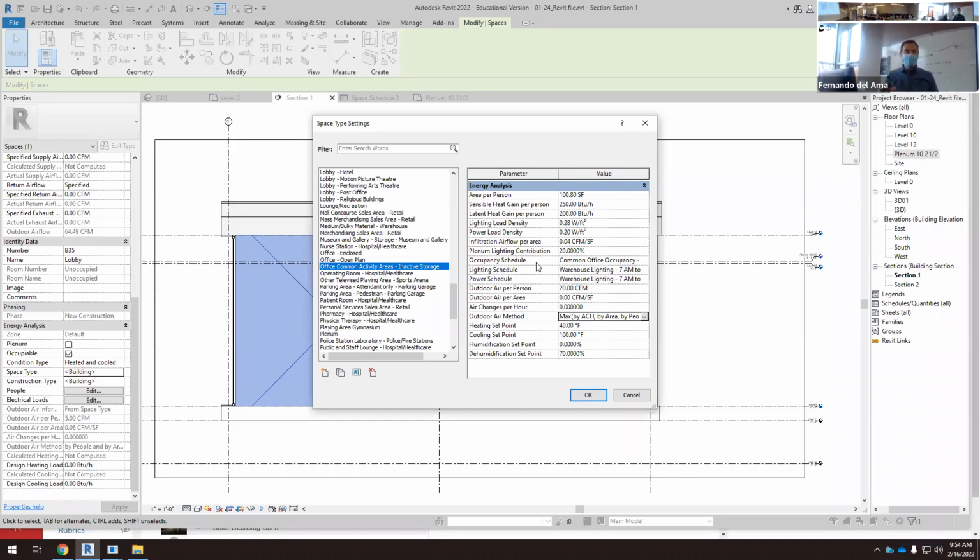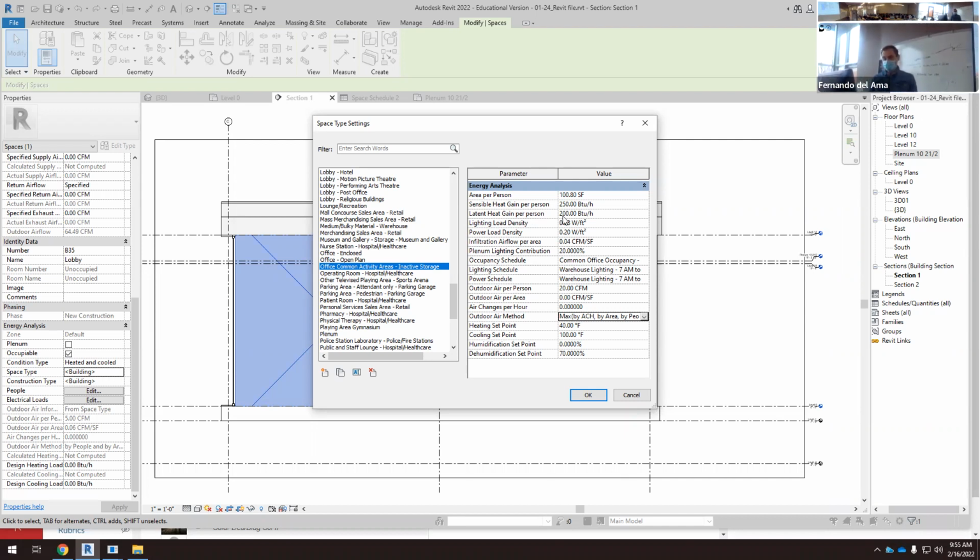If we're using other software, maybe the assumption of sensible heat gain or latent heat gain is different. If we just print this list and want to check these results with other software's results, we have to take a look at this checklist to make sure that everything is correct.